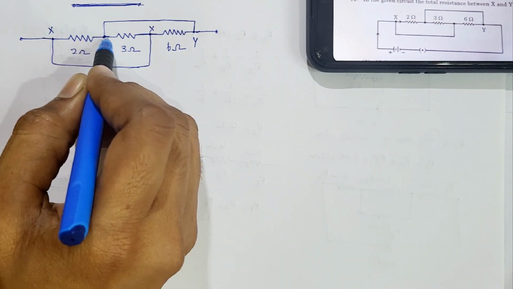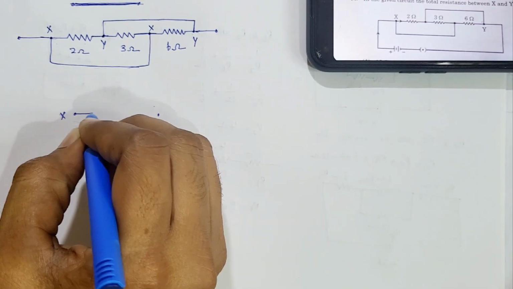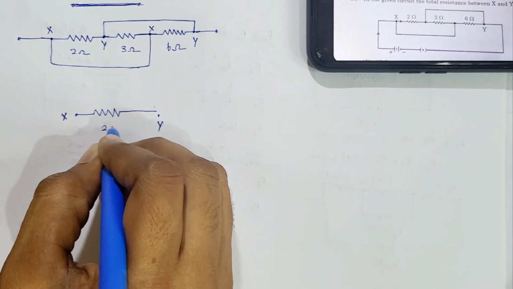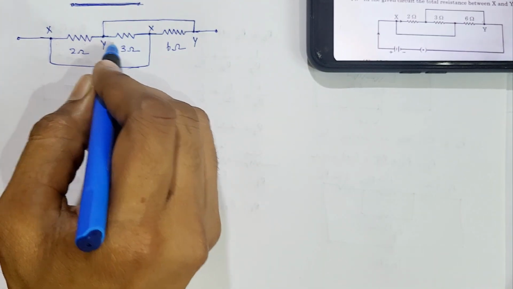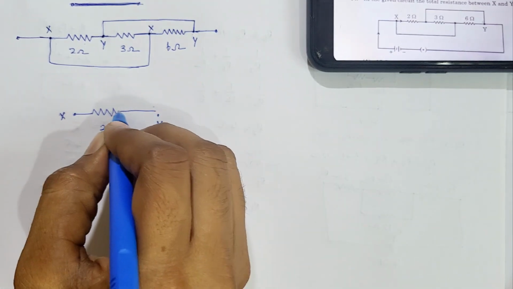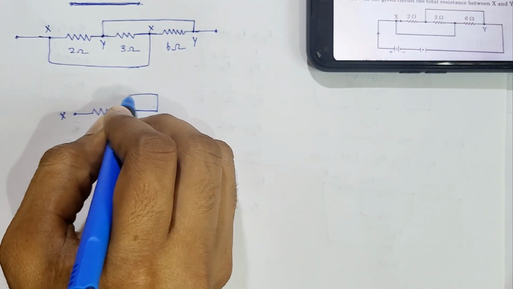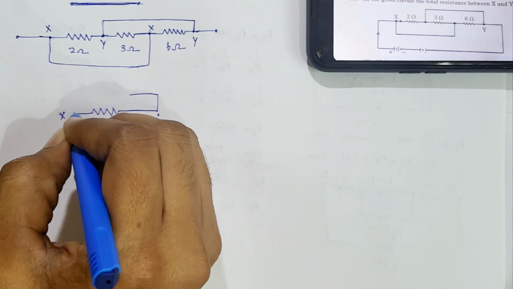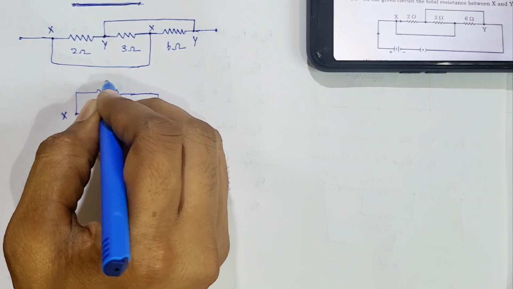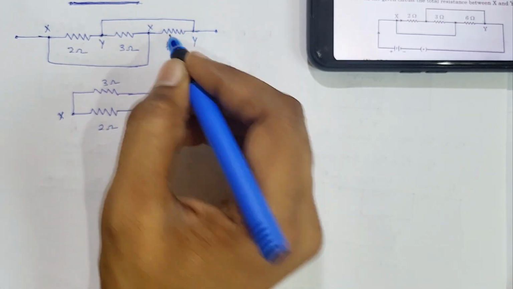Take this terminal X and this terminal Y. This resistance, if you look from X to Y, 2 ohms is connected. You connect 2 ohms resistance from X to Y. And this resistance, if you see from Y to X, 3 ohms is connected. And this, you see from X to Y, 6 ohm is connected.